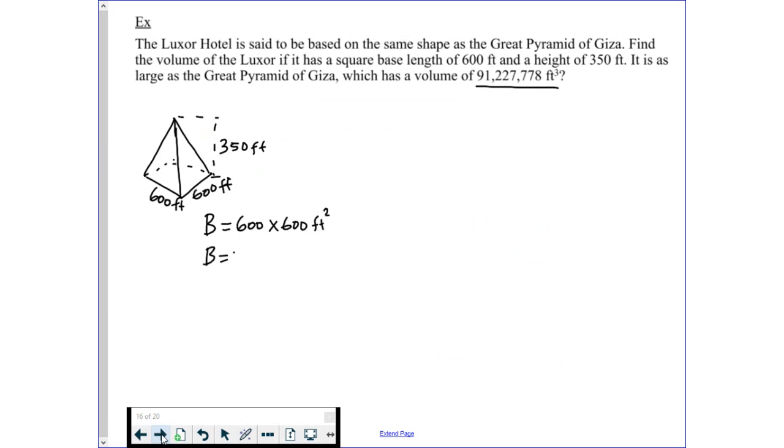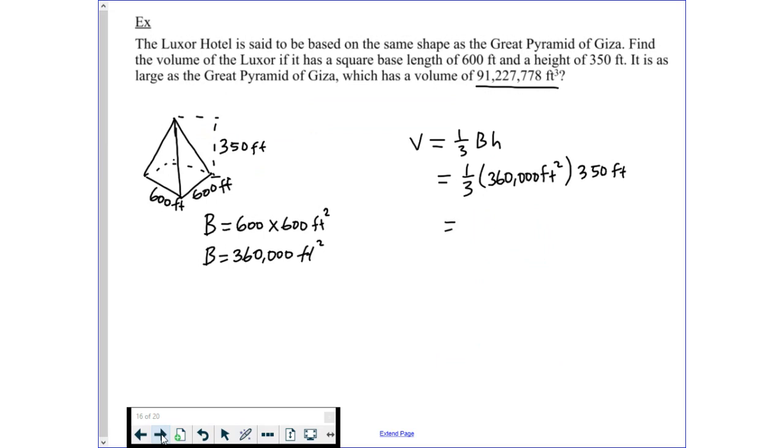600 by 600 is 36 and four zeros, right? Now the volume of the pyramid is 1/3 times B times H. 1/3 of 360,000 square feet times 150.